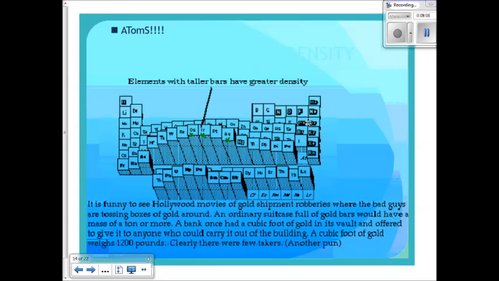But just one suitcase full of gold is going to be about a ton, and that's not very easy to carry. Just 1 cubic foot of gold, that's 12 inches by 12 inches by 12 inches, is going to be about 1,200 pounds. So it's very heavy stuff. Not easy to just take out of the bank.